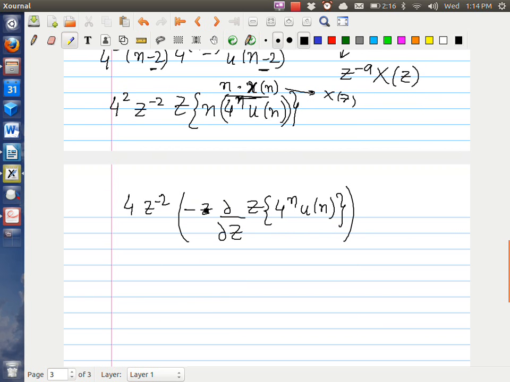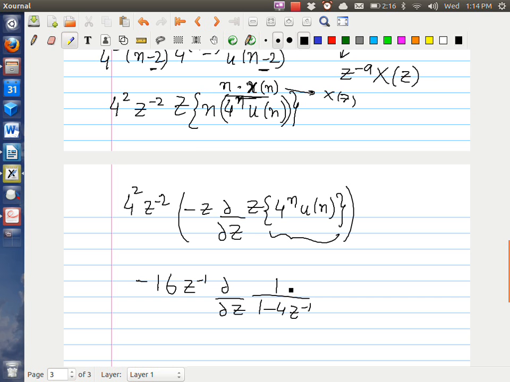So this z would take out one negative power from here. You get, okay, it was 4 square, so it's negative 16 z inverse derivative with respect to z, and then what's the z transform for this? It's going to be 1 over 1 minus 4 z inverse.